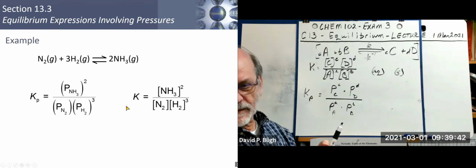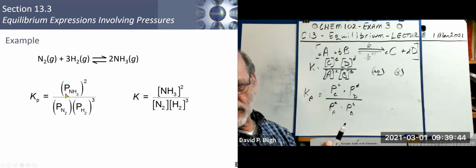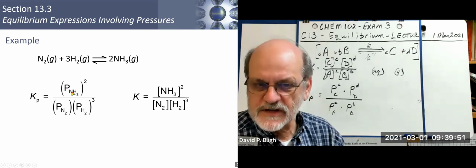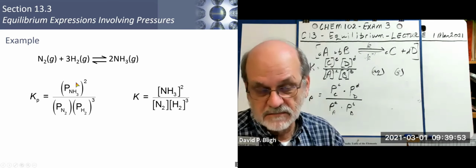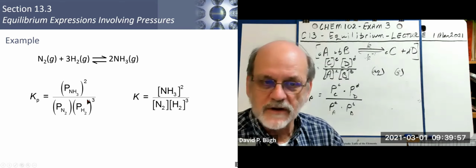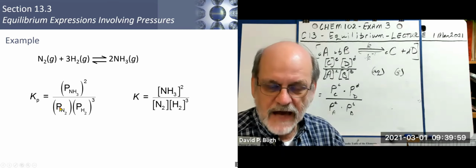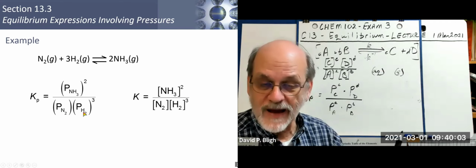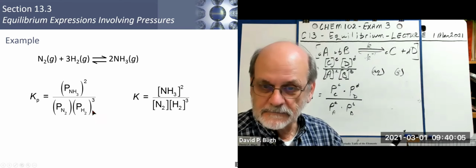So in this case, actually this is a bad choice. When you put parentheses around these, it implies that it's not equilibrium. So we should get rid of the parentheses and just use the partial pressure. For this reaction, you would write it as partial pressure squared for ammonia, over nitrogen partial pressure, the first power, and partial pressure of hydrogen to the third power in the denominator.